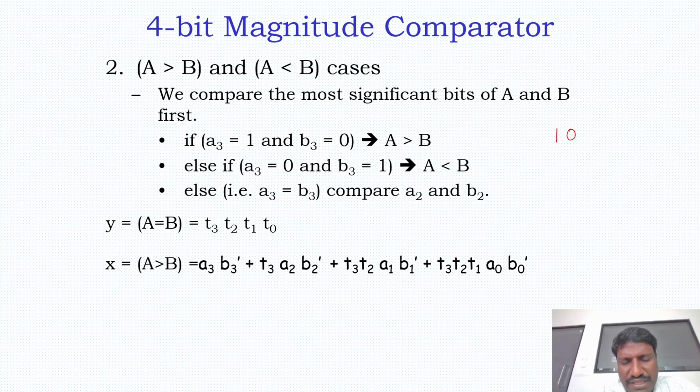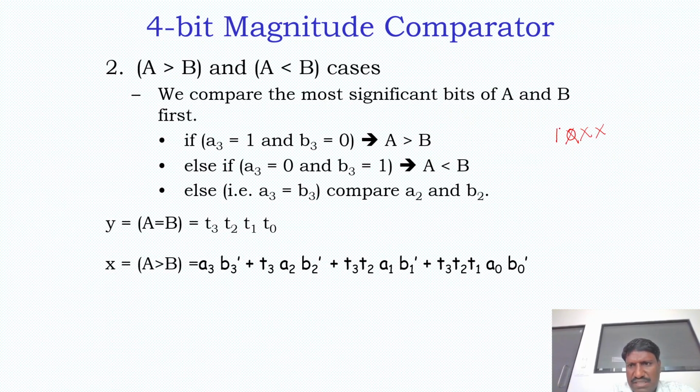Say for example I take an example number and check it out. Suppose A3 is 1 and B3 is 0. It doesn't matter whatever the next bits are.